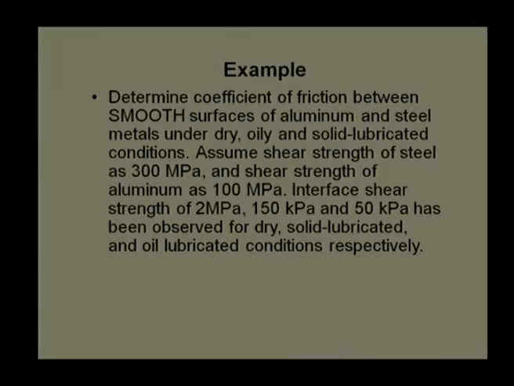So, we can utilize the formula we derived in a previous lecture: mu due to adhesion or junction growth is equal to 0.5 divided by the square root of the ratio of shear strength of the weaker material to shear strength of the interface. As we discussed in the previous lecture, this ratio decides the coefficient of friction.